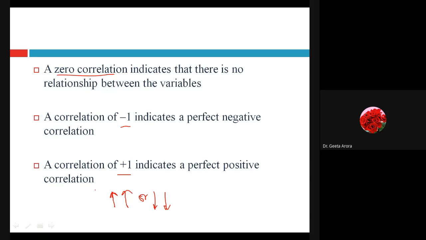Obviously these two things are related, and they are related on the positive side: one is increasing, the other is also increasing; one is decreasing, the other is also decreasing. So they are positively correlated. When there is a 100% effect of one thing on another, the correlation coefficient is +1, which is a perfect positive correlation.